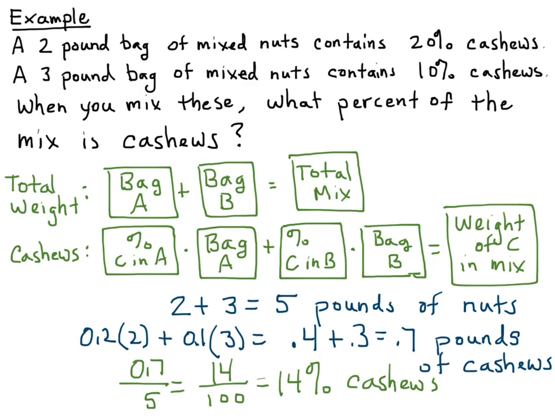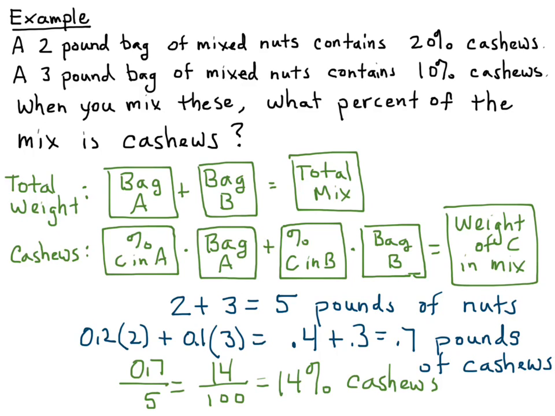So I took the concentration times the volume. I'm really looking for the concentration, but what I got, if I multiply these two together, is the number of cashews that I have. So I could make that first equation look like this, where I say 0.2 times 2 plus 0.1 times 3 equals, and then I'll say C is the concentration in the mix, and so I'm going to have C times the weight of the mixture, which is going to be 5.